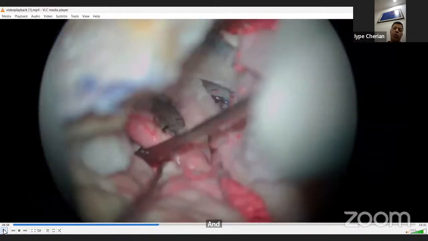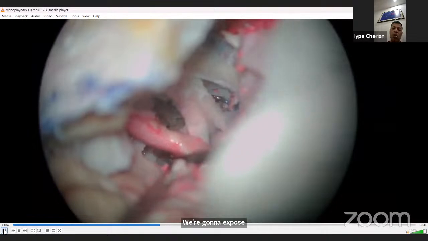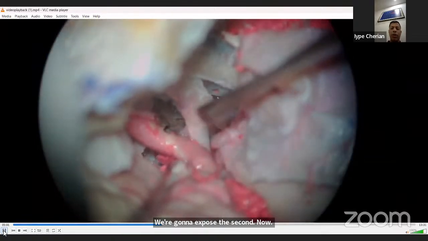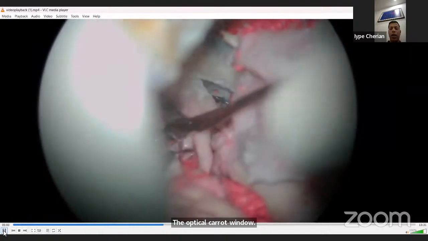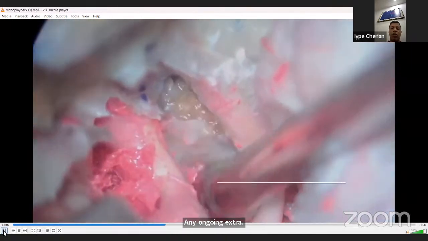We're going to expose the second nerve, the carotid now, the opticocarotid window, nicely open there. Then you're going extradural, intradural combinations of exposures.